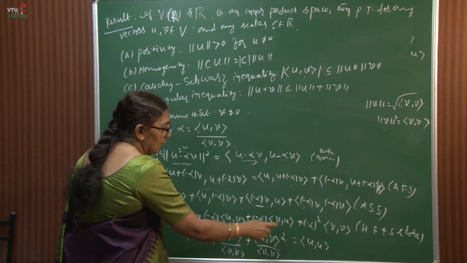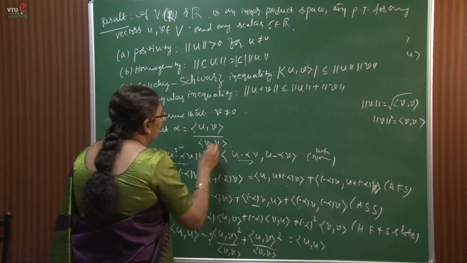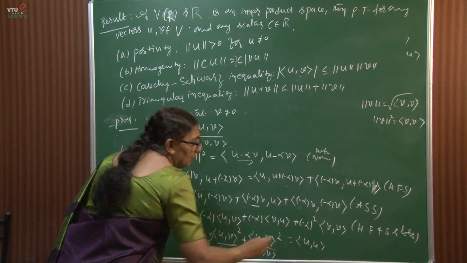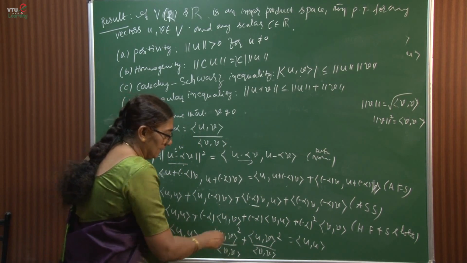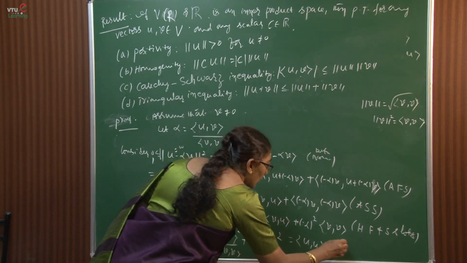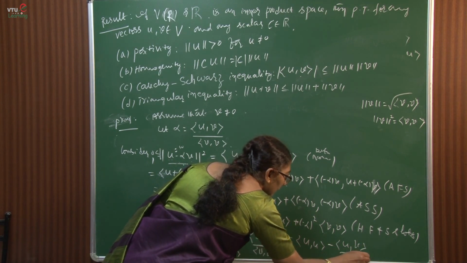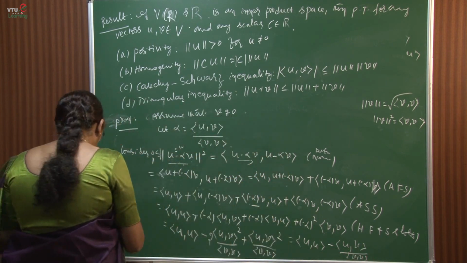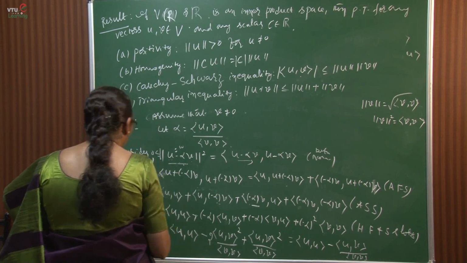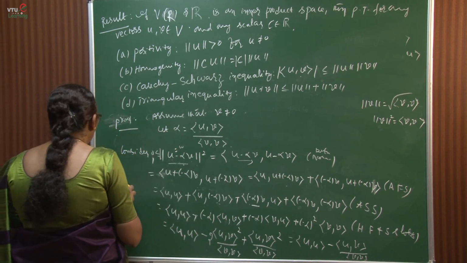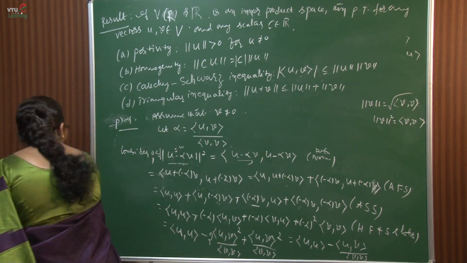These two are the same. The denominator, inner product of v comma v whole square, is cancelled with the numerator inner product of v comma v, and we get this minus the inner product of u comma v divided by the inner product of v comma v. We have to simplify further.